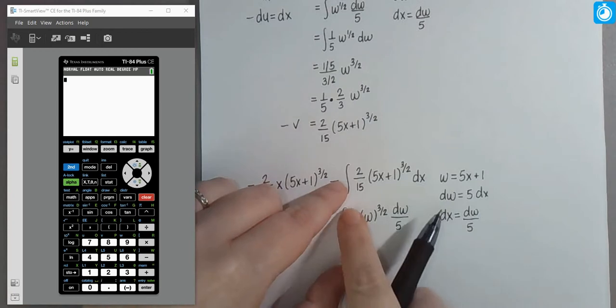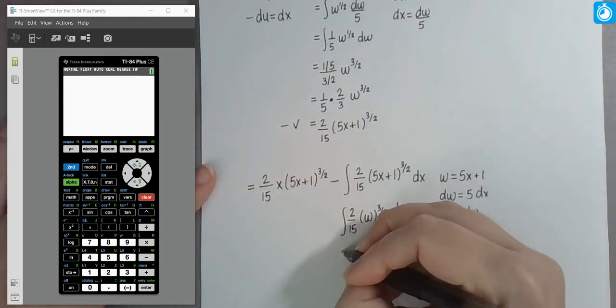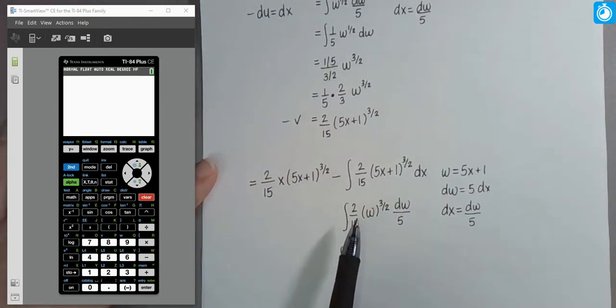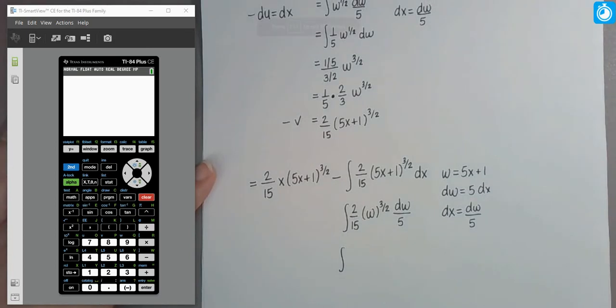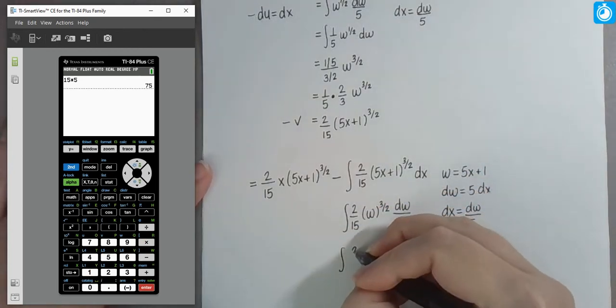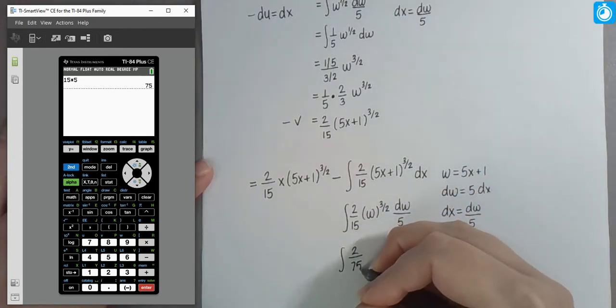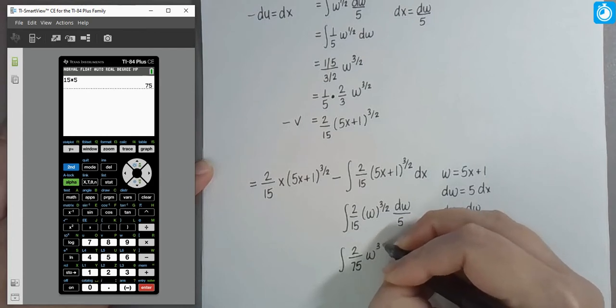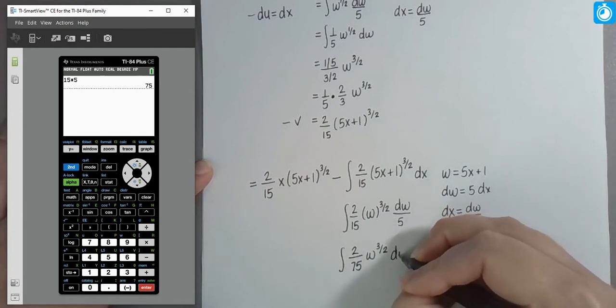Okay, just constants. So now we can combine those constants together. So 15 times 5, let's be careful, that's going to give us 75. Okay, so 2/75 times w to the 3/2 dw.